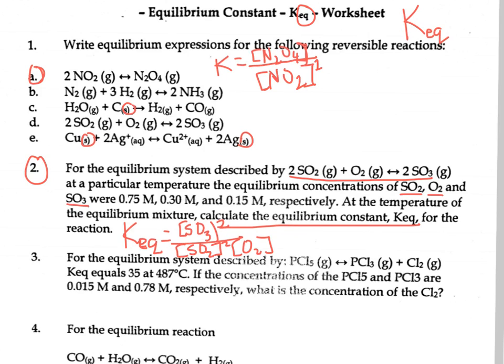Okay, so SO3, so let's look at the numbers. So SO3, we are going to plug in 0.15. Okay, 0.15, and then that is going to be squared over, so SO2 corresponds to 0.75, and then that number is squared, and then O2 is also going to be on the bottom, and the O2 is 0.3.